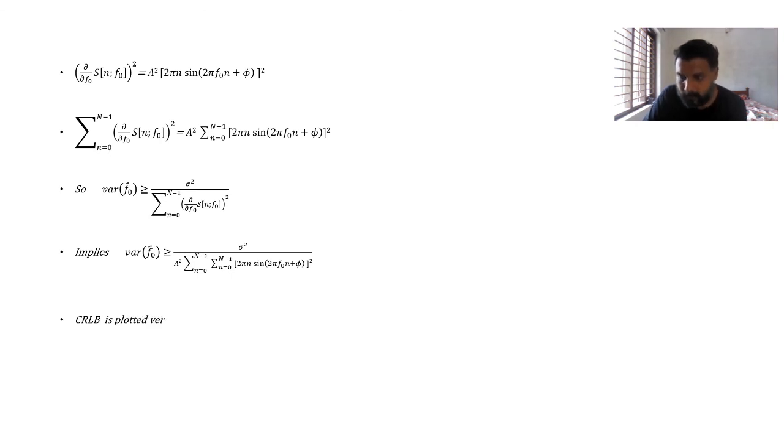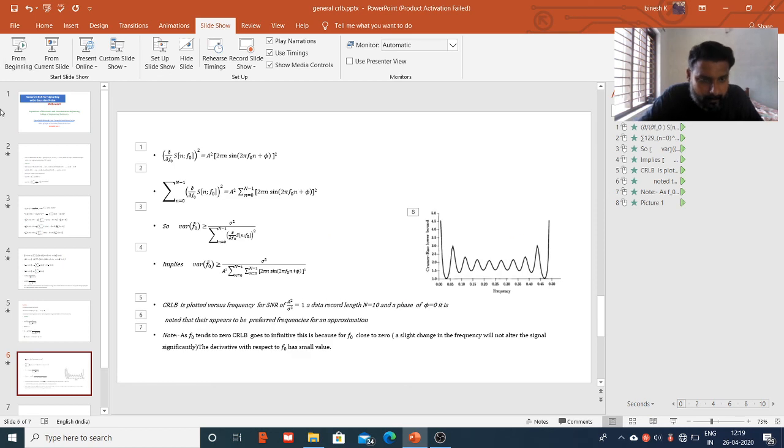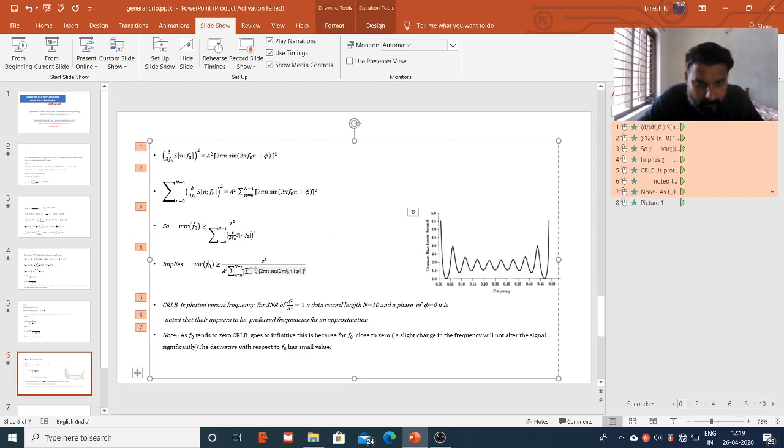So I am just plotting the CRLB with respect to frequency for an SNR of... otherwise I will change it here itself. This thing is not required. Sorry, anyway you change it.